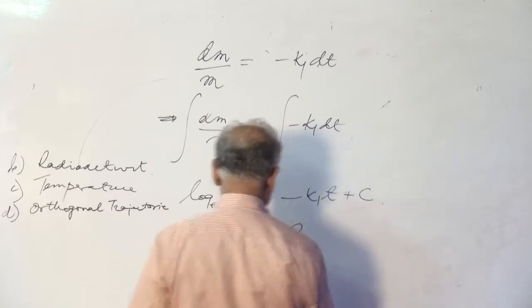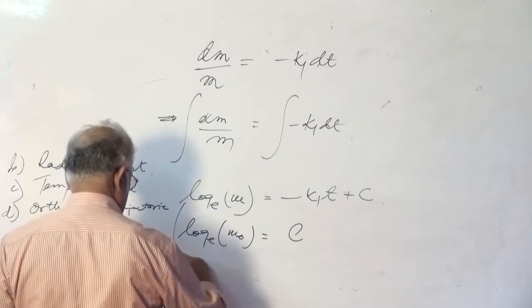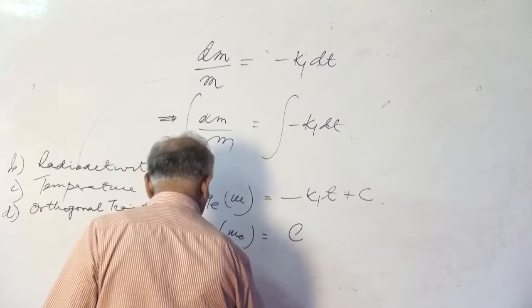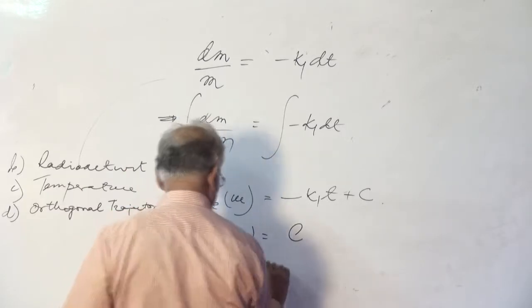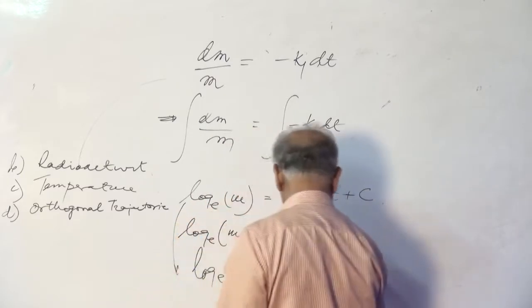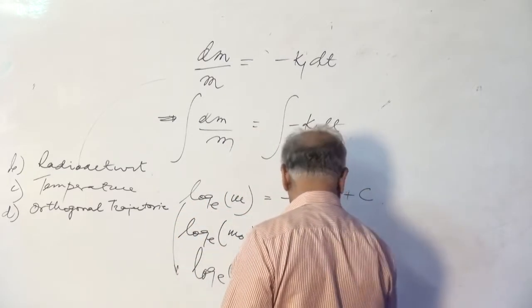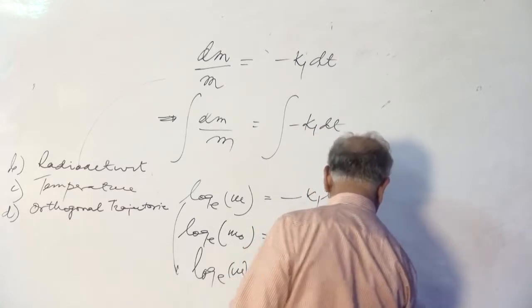So this equation reduces to log e m is minus k1 t plus c, which is log e m naught.